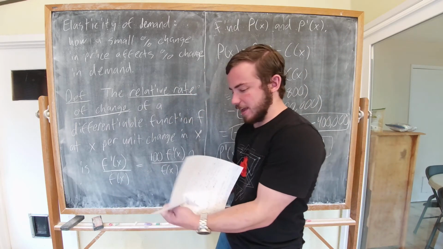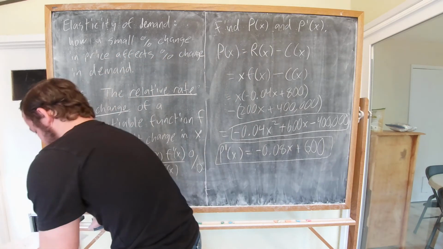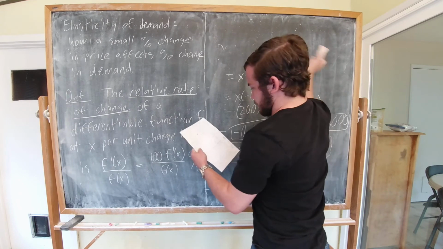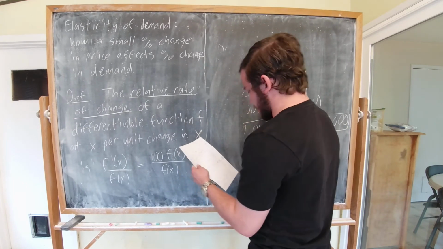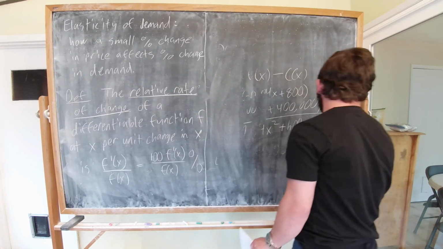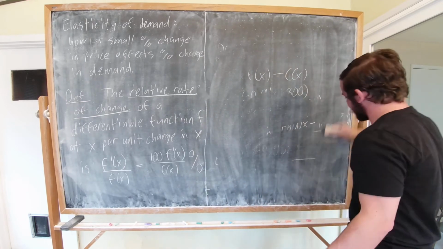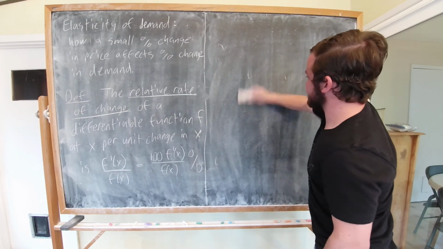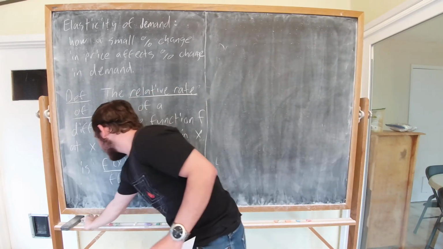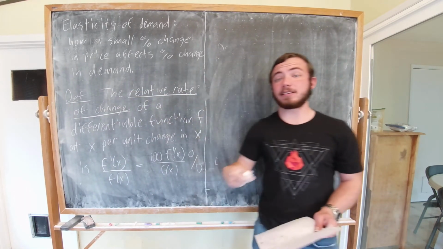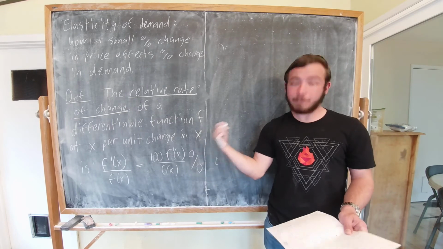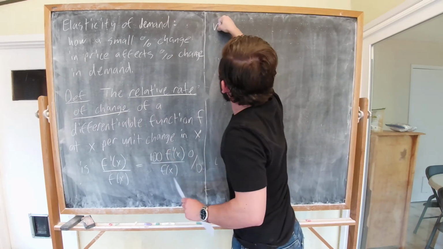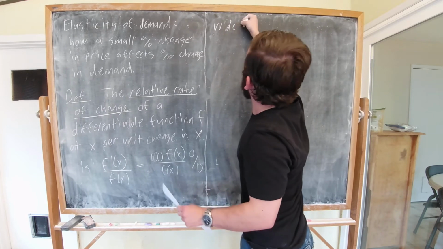Okay, let's do some side work as we build up to our definition for elasticity of demand. It's widely agreed that demand is a function of price, just like price is a function of demand.